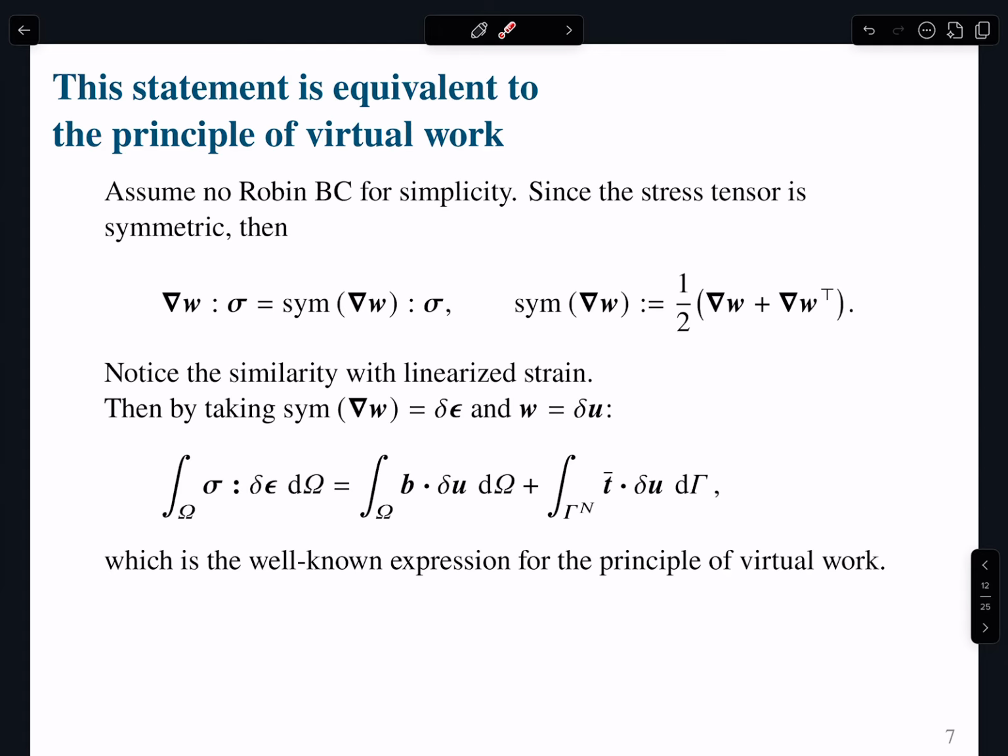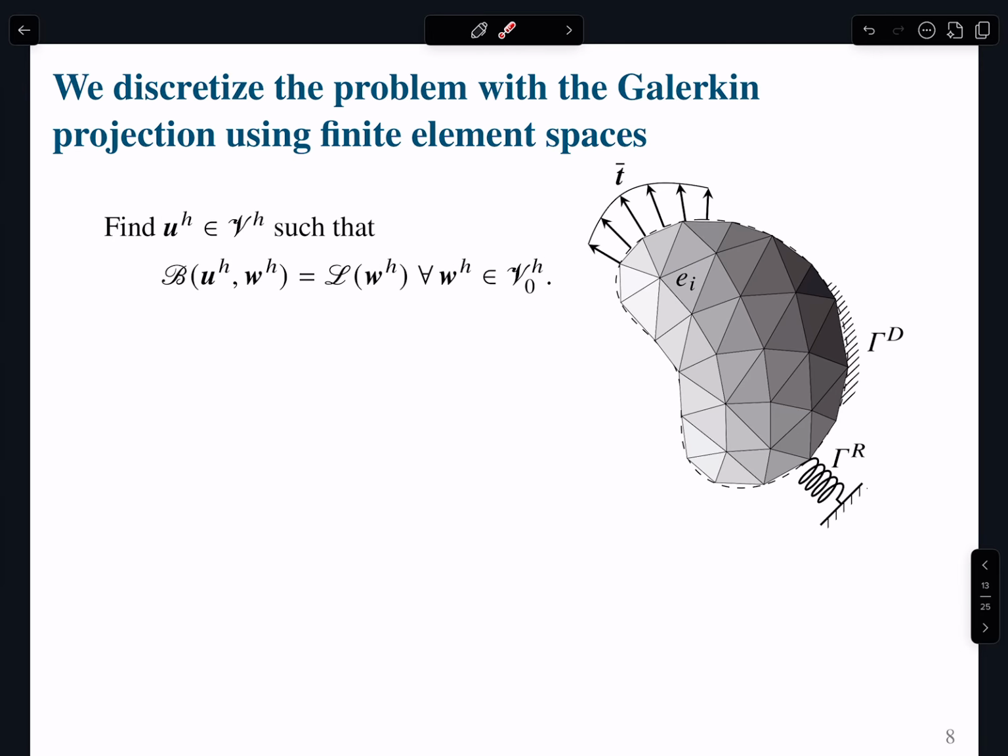You hear this type of statement that is in essence equivalent to for all test functions in a given space, and we define what the characteristics of the functions in that space are, right? But again, this is just to show you that both formulations are equivalent, right? The principle of virtual work is an equivalent statement of equilibrium to that which we obtain by simply applying the method of weighted residuals.